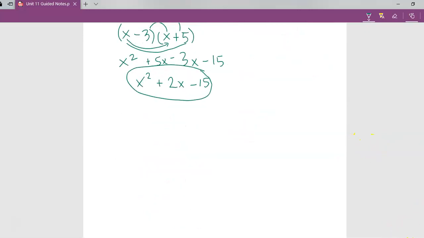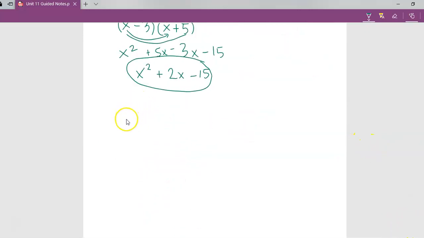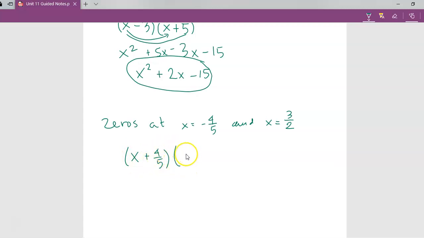Okay. If I had the same question, but the zeros are x equals -4/5 and x equals 3/2. Again, I would just write them as factors by changing the sign. x plus 4/5, x minus 3/2.